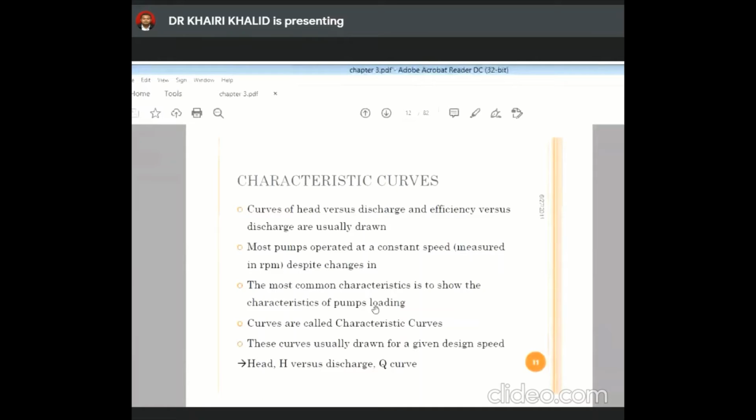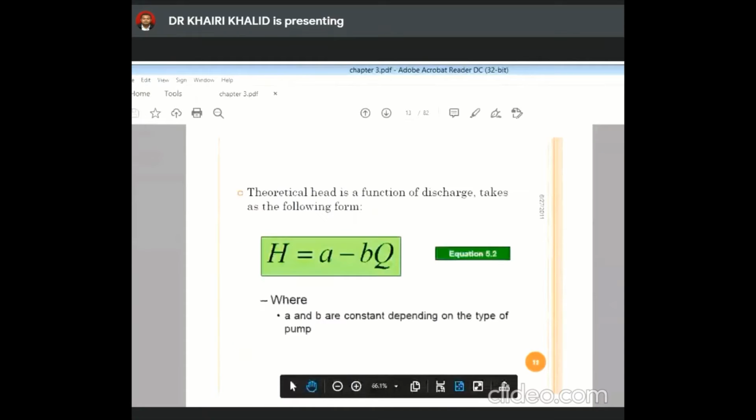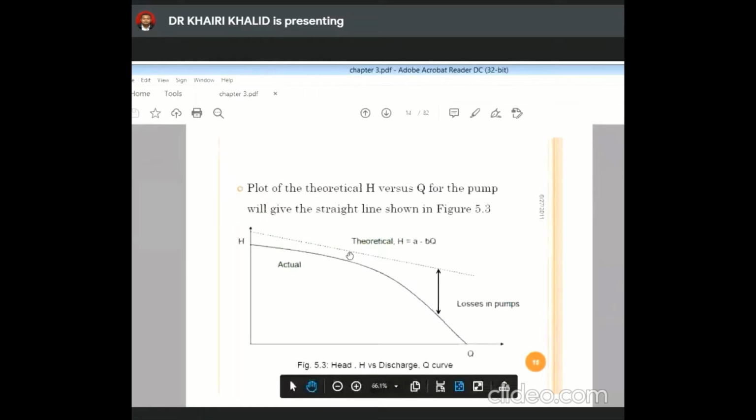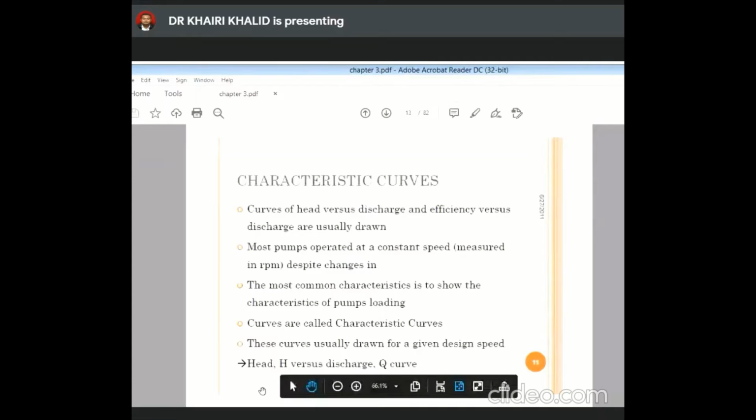Curves like this are called characteristic curves. This is the characteristic curve. The curve is usually drawn for a given design speed, so head versus discharge is the Q curve.